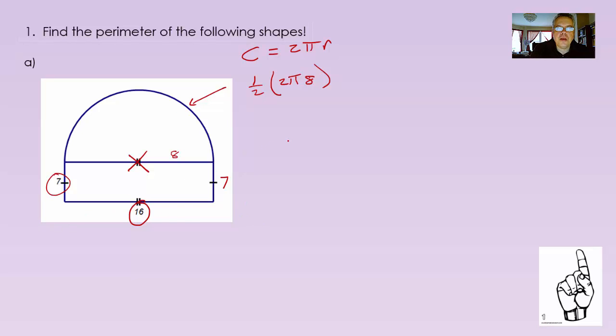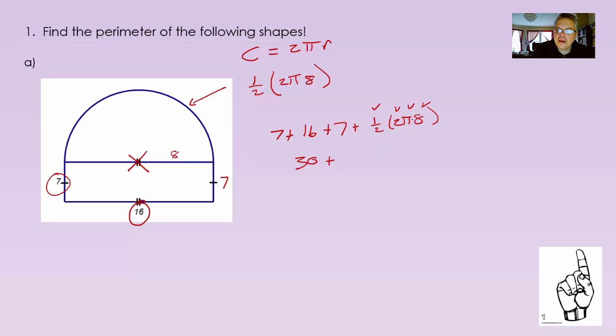So let's add up what we have. We have 7 plus 16 plus 7 plus this crazy term from the semicircle, 1/2, 2 pi times 8. All right, 7 plus 16 plus 7 is 30. Here we have four numbers being multiplied together, 1/2, 2, pi, and 8.